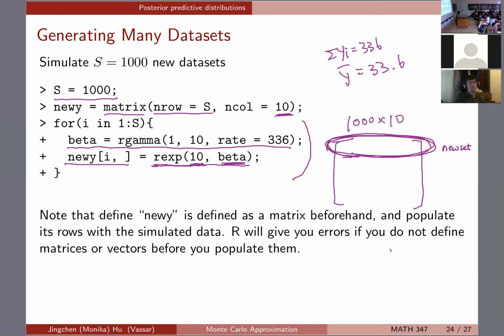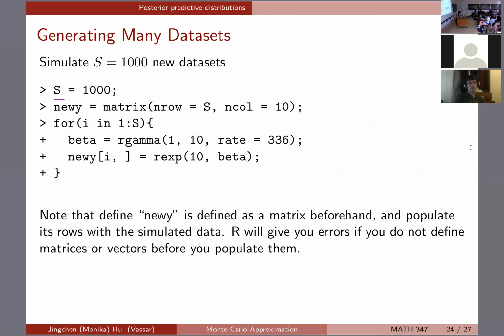And then I will plot that to see how likely or unlikely that is relative to all of the draws that I have. This is just a technical detail of how you're going to do it. I prefer initializing a new matrix at the beginning, but you can always do something else, depending on which you feel more comfortable with. But this will be one way to do the posterior predictive checks.